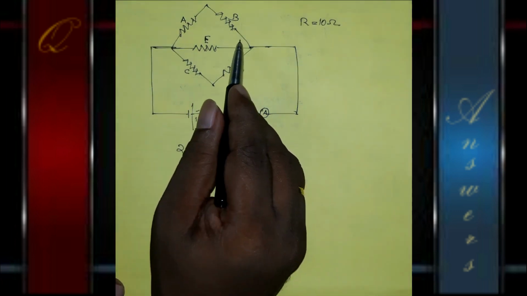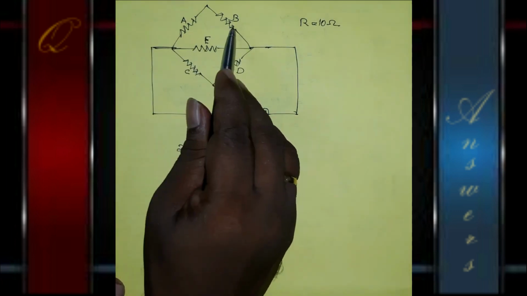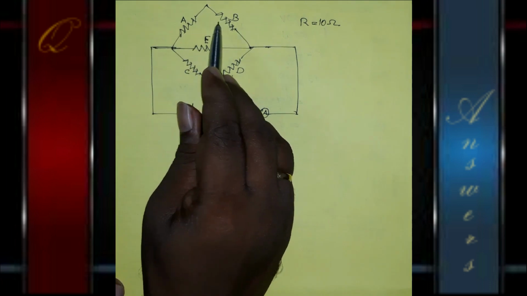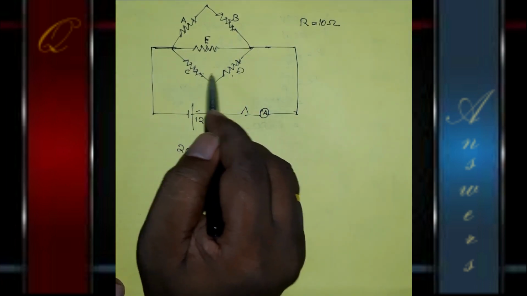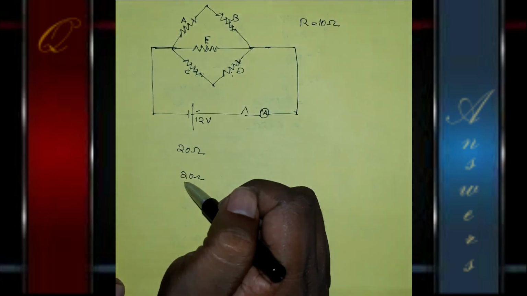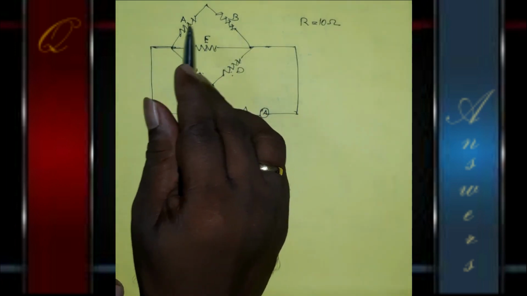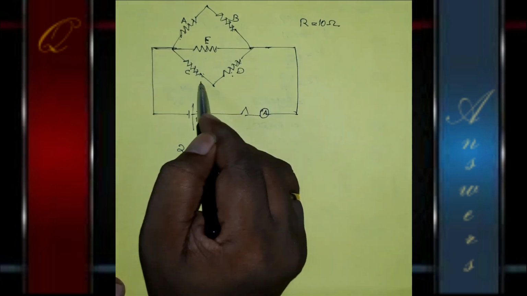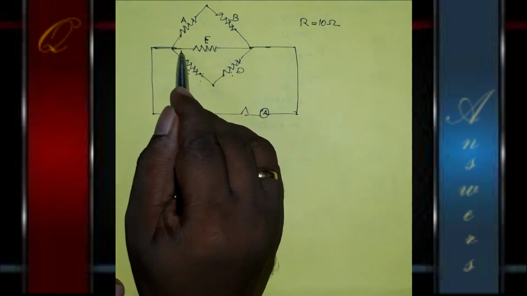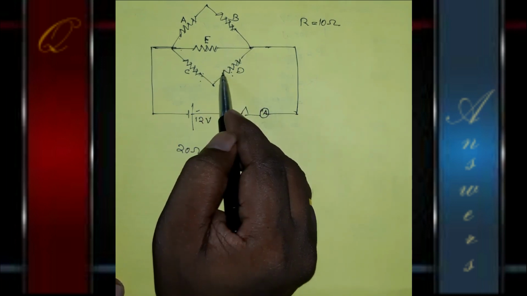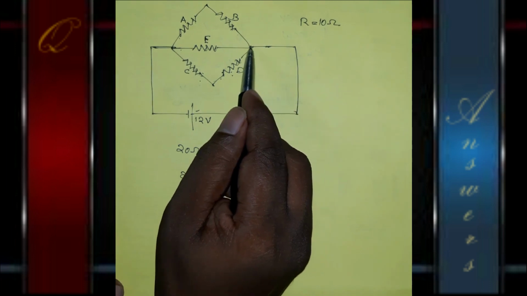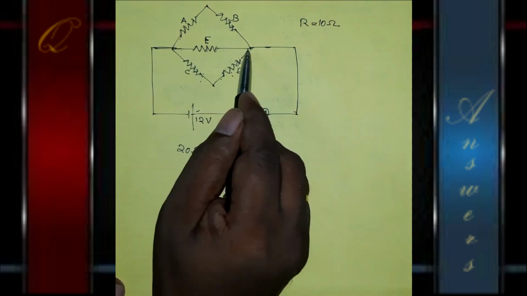Then these two resistances are replaced by a single resistance which is 20 ohm, and these two resistances replaced by a single resistance which is 20 ohm. So here it is 20 ohm, here it is 20 ohm, and here it is 10 ohm. What about these three resistors? These three resistors, they are connected in parallel because when the current reaches here, it splits into 3.